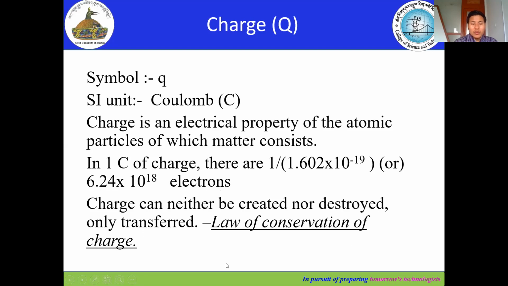From the law of conservation of charge, charge can neither be created nor destroyed, but it can only be transferred from one point to another. How this charge is transferred, we are going to discuss in the next slides when we talk about potential difference.